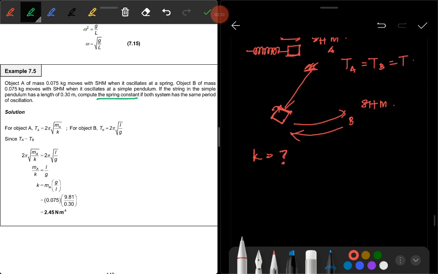For the first equation, remember omega is equal to square root of K over M. This is the equation.